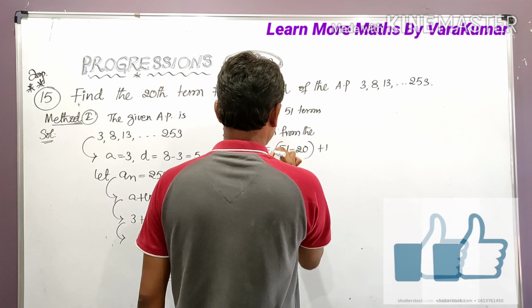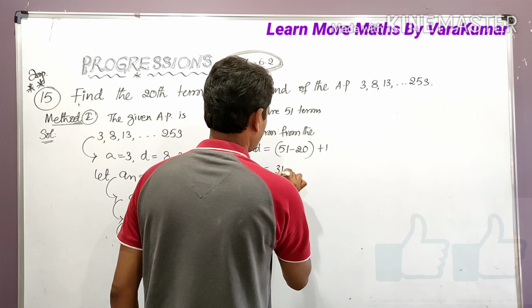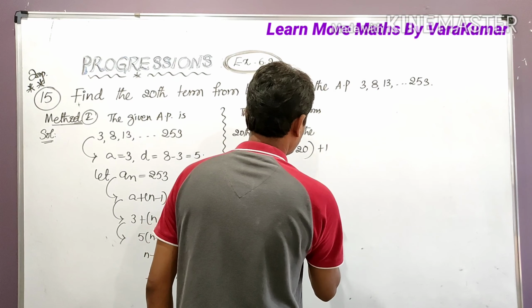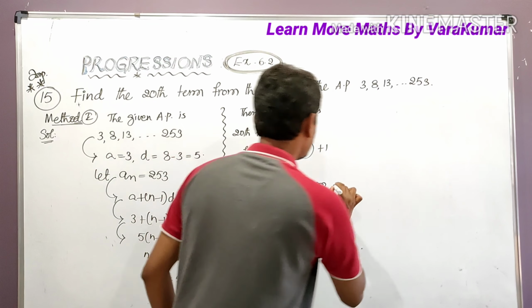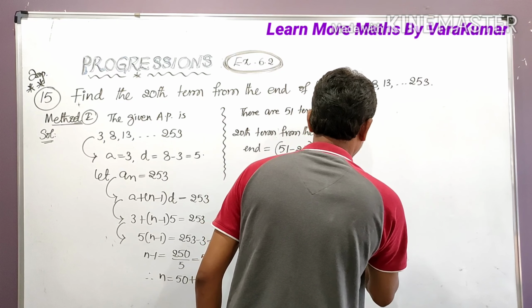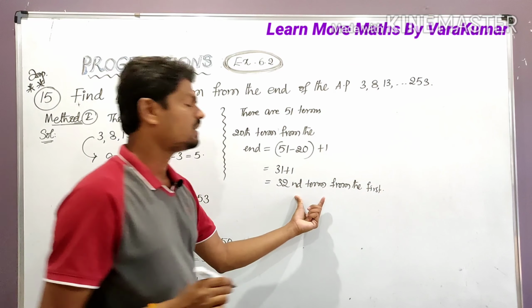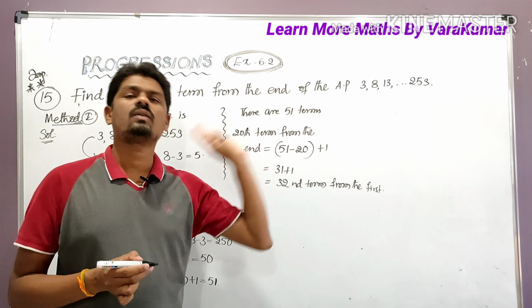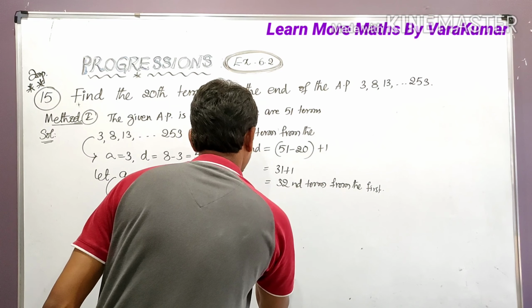That is 51 minus 20 is 31, plus 1, that is the 32nd term from the first. If we find the 32nd term from the first, it will be the 20th term from the last. So we have to find the 32nd term.